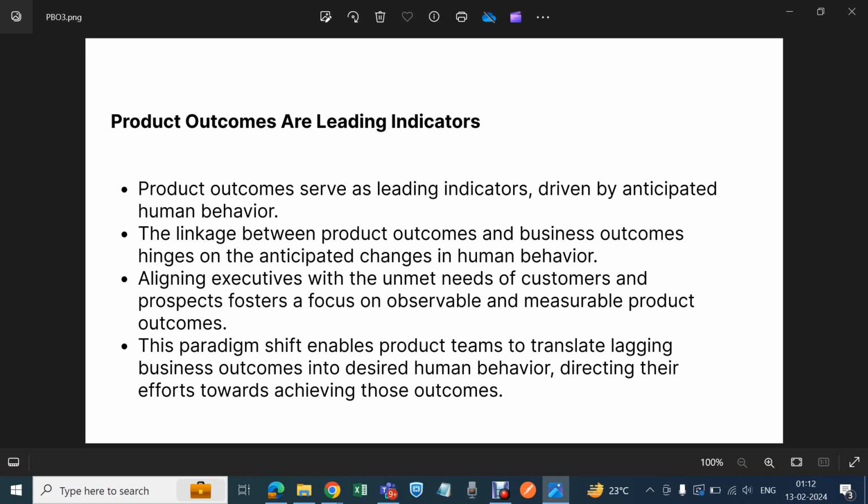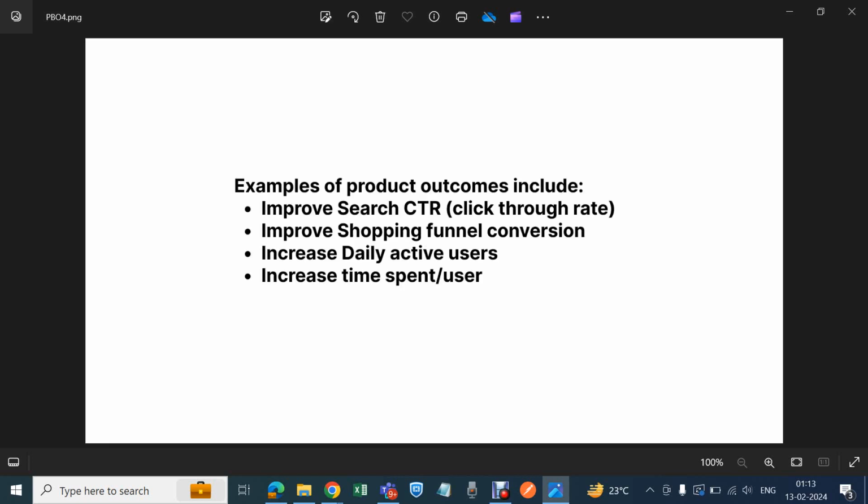Product outcomes serve as leading indicators driven by anticipated human behavior. These are basically metrics that can be tracked through user engagement, activation, adoption, and retention of the user.